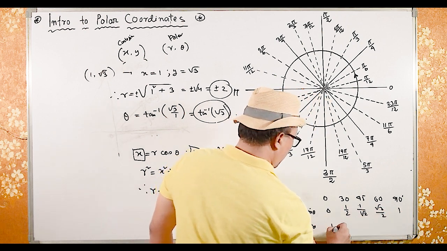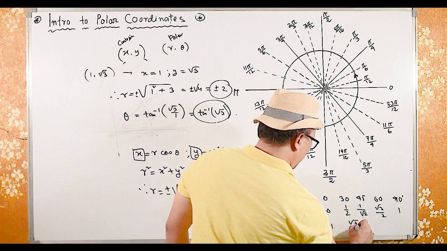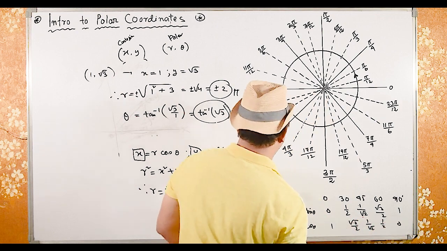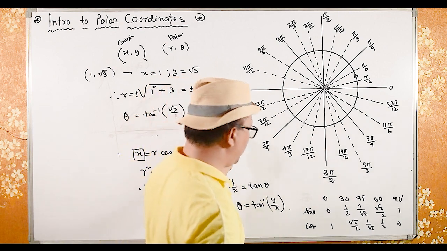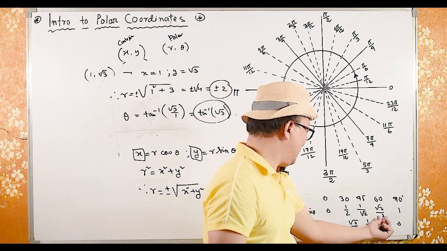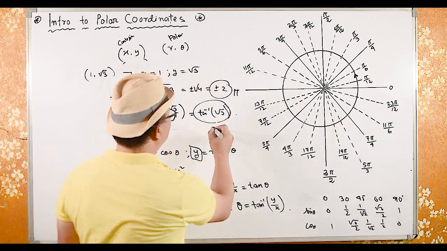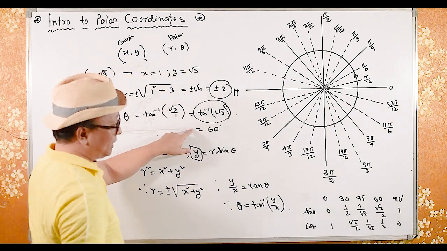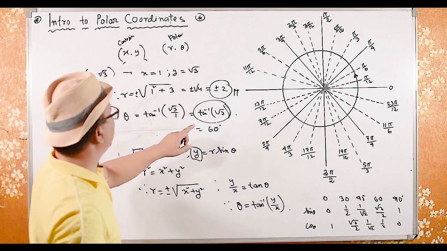Cos of 0 is 1, root 3 by 2, 1 by root 2, half, 0. Now tan inverse root 3 is 60 degrees. So theta is 60 degrees. We can keep it like this.